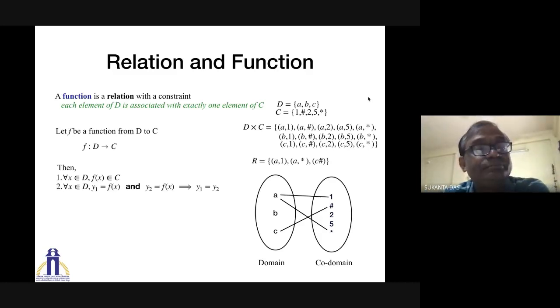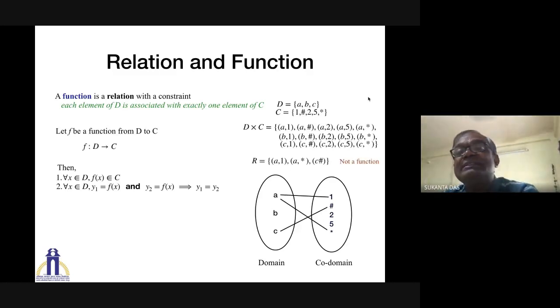Second, for all x, if y1 equals f(x) and y2 equals f(x), then it necessarily implies that y1 equals y2. It means for x, I can get exactly one element in C. So this is the meaning.